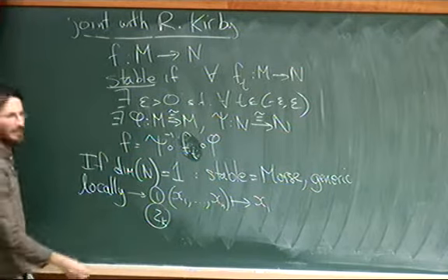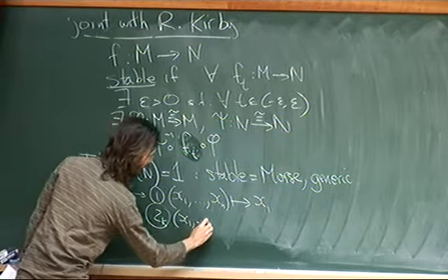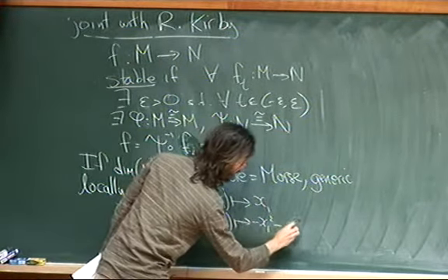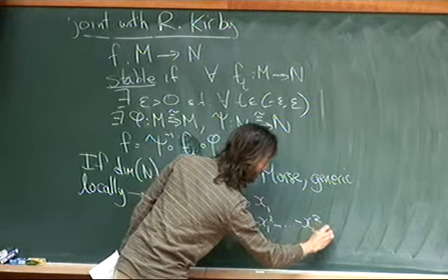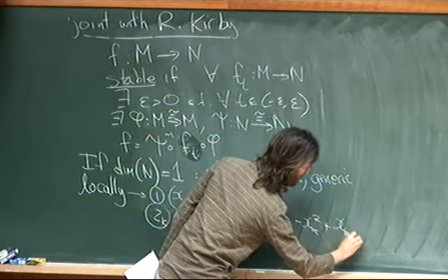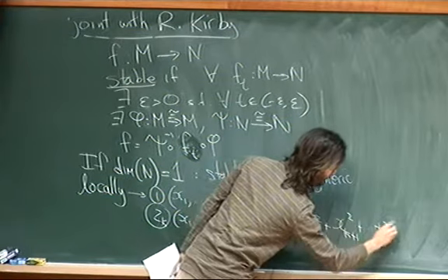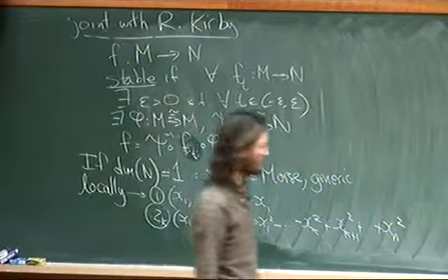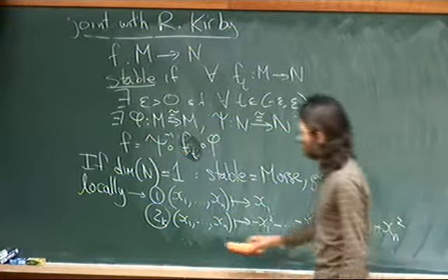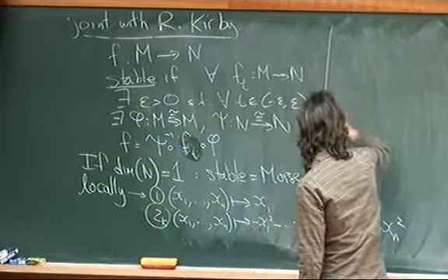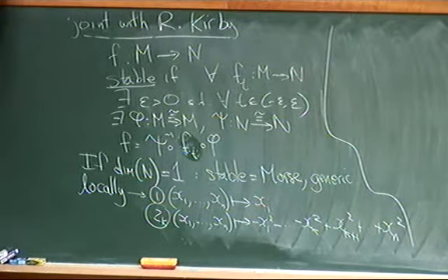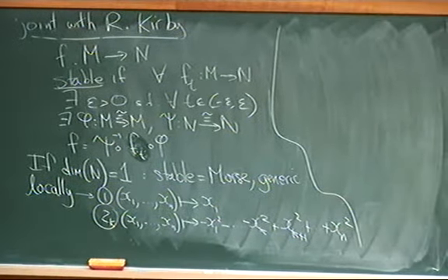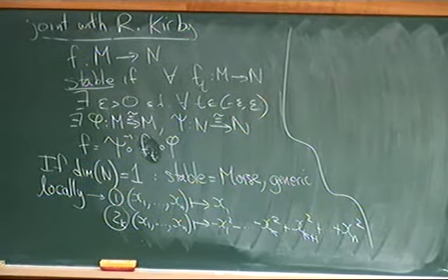It depends upon a number k, which is the index: x1 up to xn maps to minus x1 squared minus dot dot dot minus xk squared plus xk plus 1 squared plus dot dot dot plus xn squared. Okay, so the standard Morse critical point. There are lots of ways to prove this, but you can think of this as a result in singularity theory. It fits nicely into the René Thom catastrophe theory program and so on.